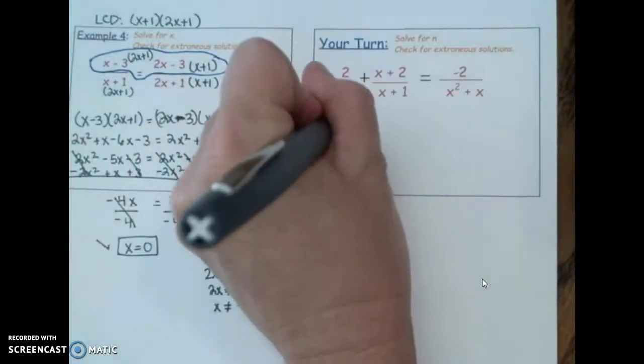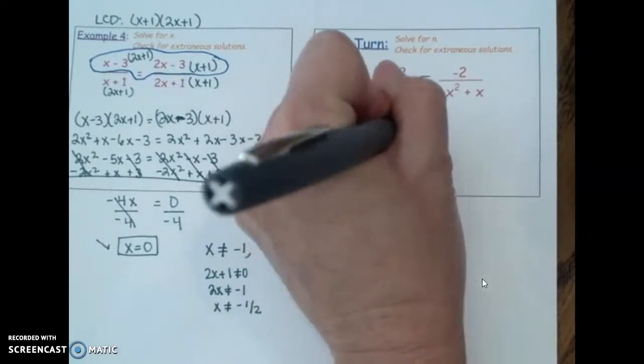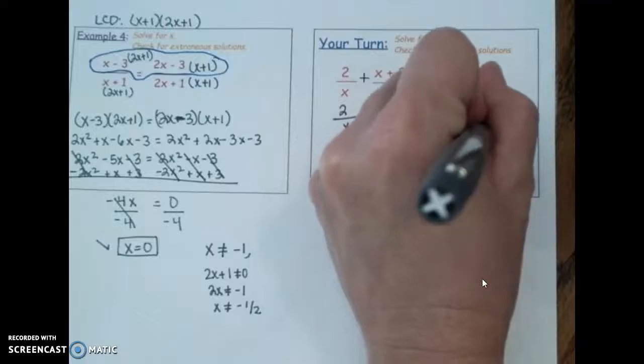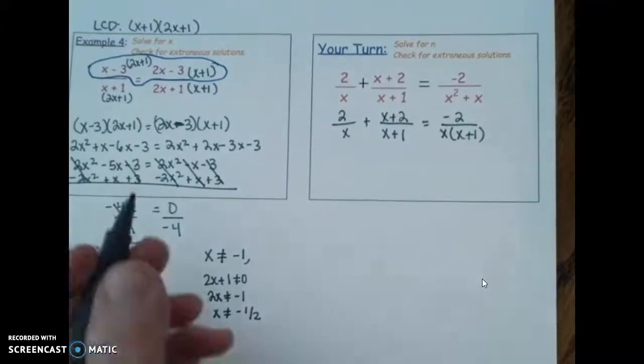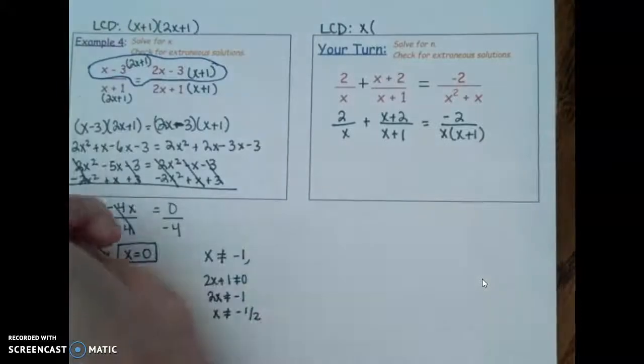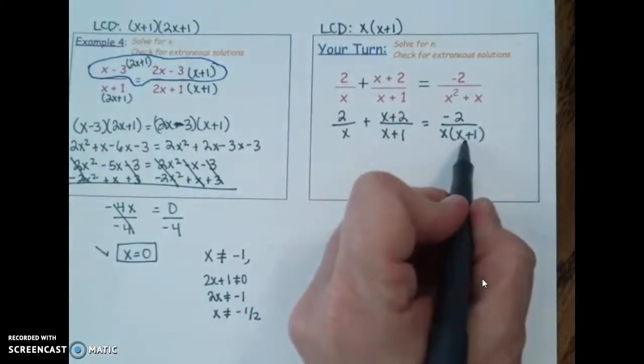So I need to factor out a GCF on the right hand side of x, and then we can get our least common denominator. So we need an x, and we need an x plus 1. There's x again, x plus 1 again.